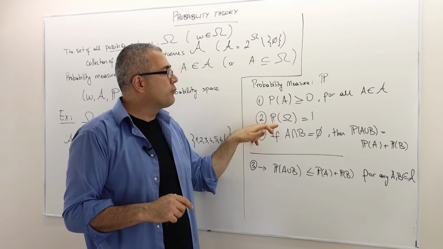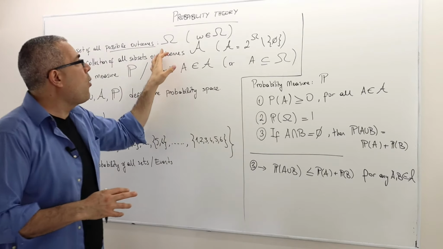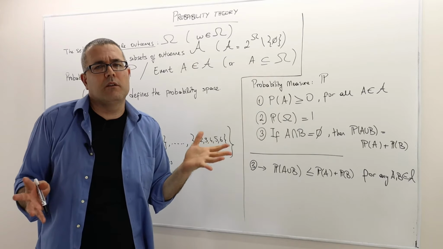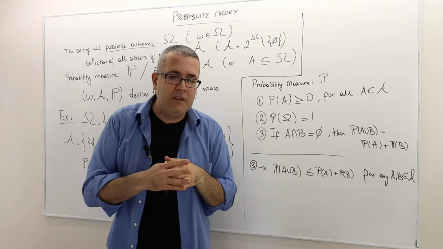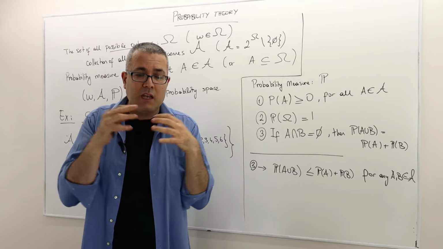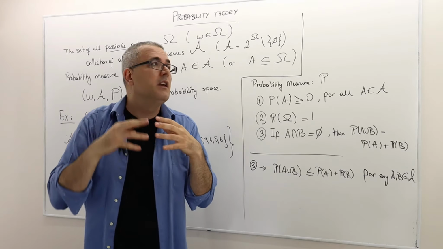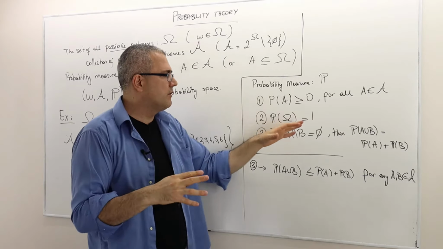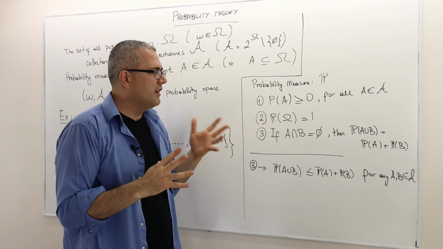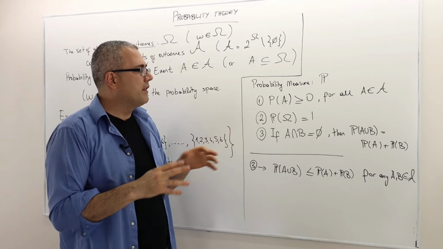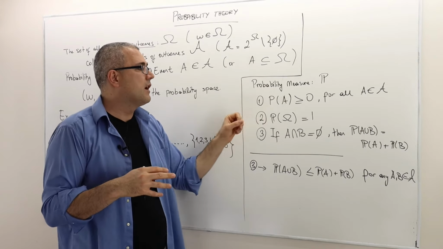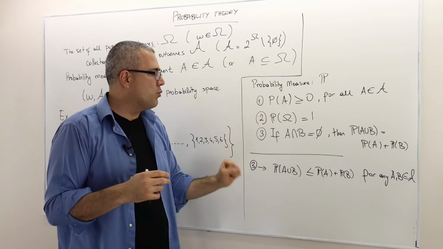The second thing is that the probability of all the possible outcomes happening has to be 1. Which means the probability of something outside of the possible outcomes is not possible. I'm sorry, it maybe wasn't so clear, but the universal set of outcomes, omega, its probability has to be 1.